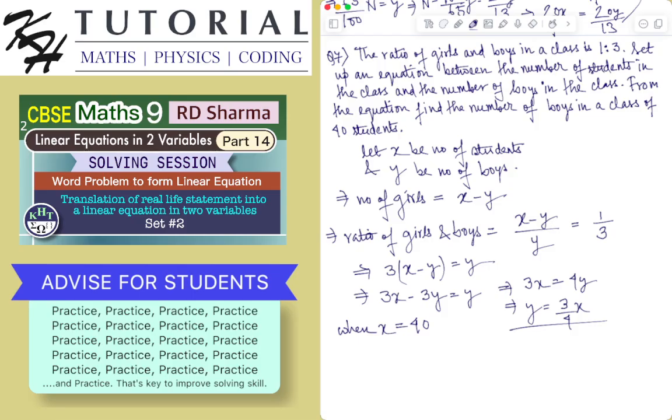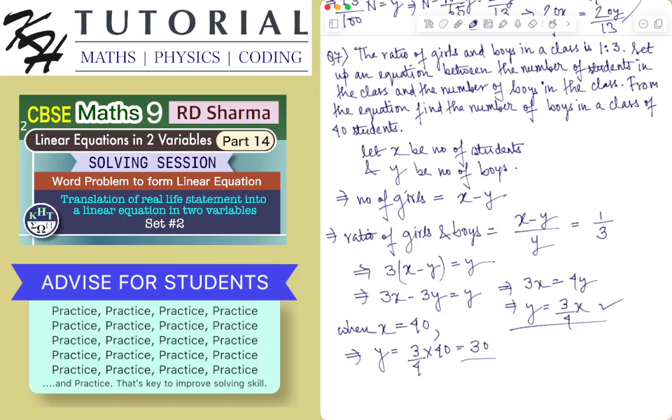The value of y will give the number of boys in the class when the total number of students is 40. When x is equal to 40, from this equation we get y is equal to 3 by 4 multiplied by 40, which is 30. So this implies that the number of boys will be 30 when the number of students in the class is 40.